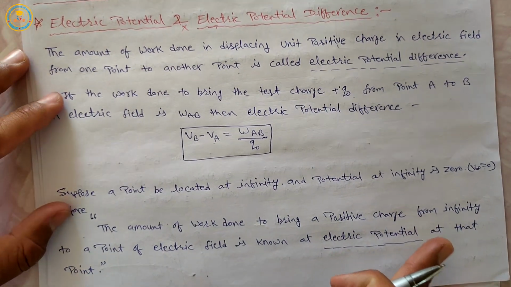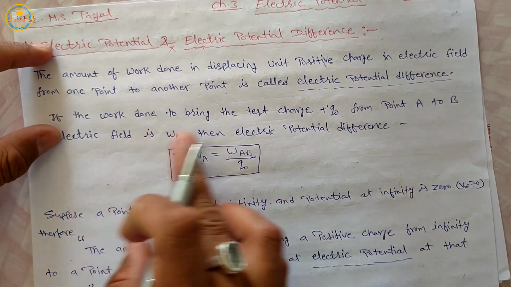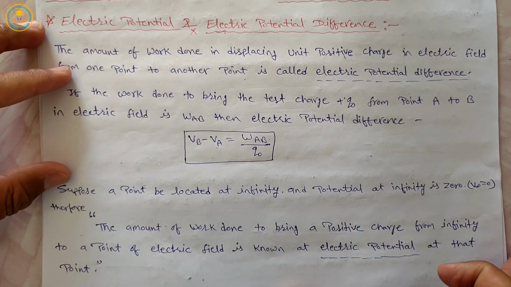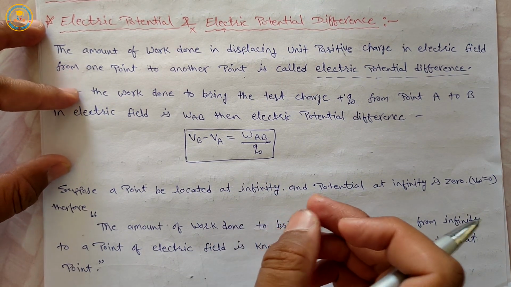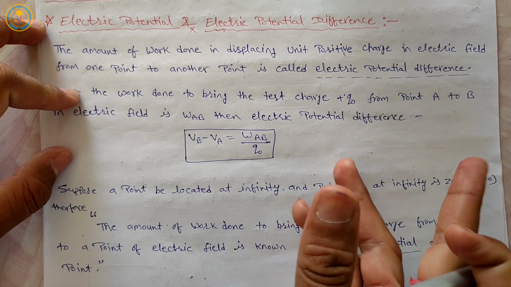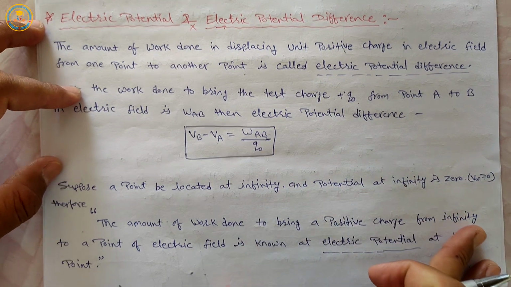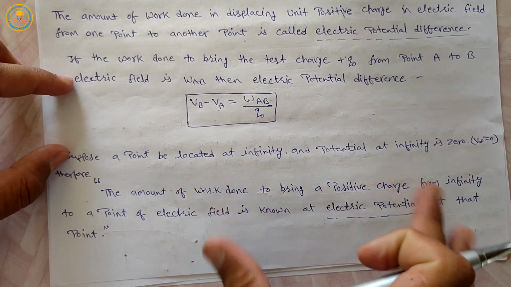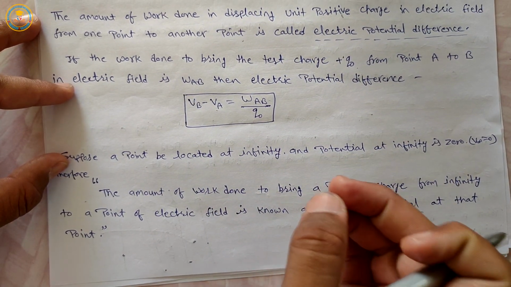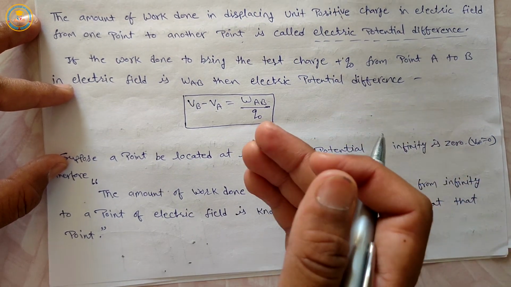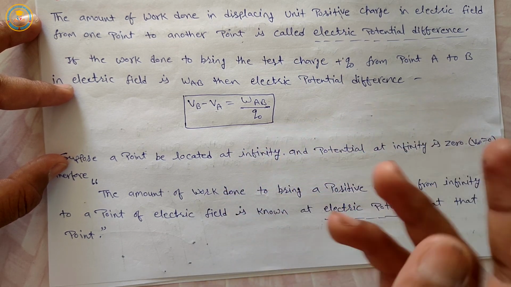Now we define electric potential. For electric potential, we consider a point located at infinity, and we know that potential at infinity is 0 and potential on earth is also 0. So we consider a point located at infinity, then a test charge is brought from infinity to a point inside an electric field.